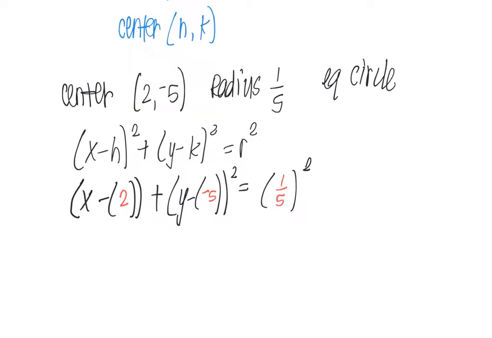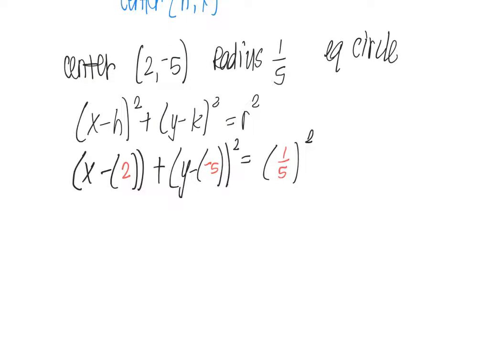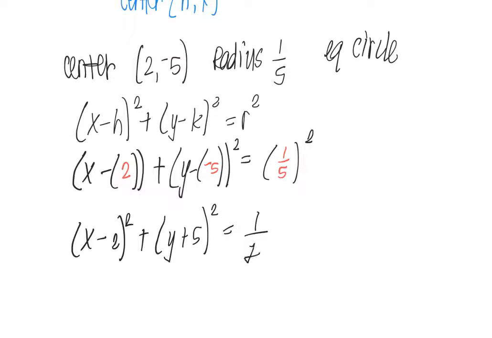So when I go to actually simplify this, if you type it in like this, it's going to be wrong. It's just (x − 2)² + (y + 5)² = 1 squared is 1, 5 squared is 25. A lot of people are forgetting to do that, to square both the numerator and the denominator. And this would be our answer.